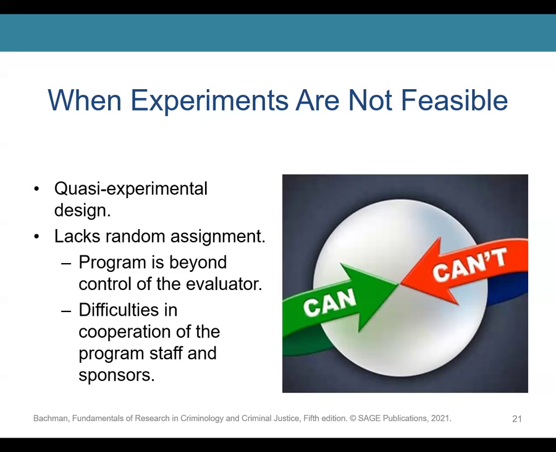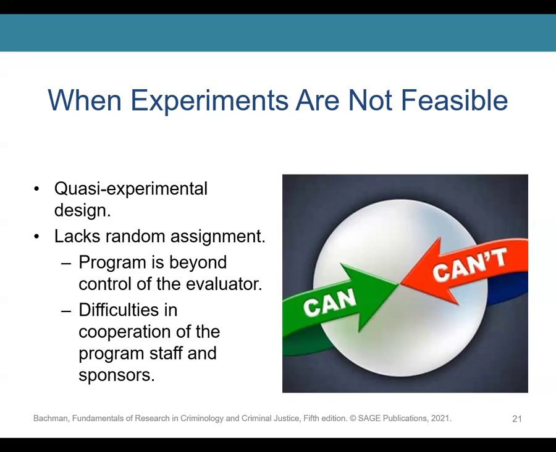The program is beyond the control of the evaluator. The primary reason why randomization is likely not possible in evaluation research is that the program is usually outside the control of the evaluator, because once you start it, you have to just let it go and it becomes its own entity, and it works on its own.